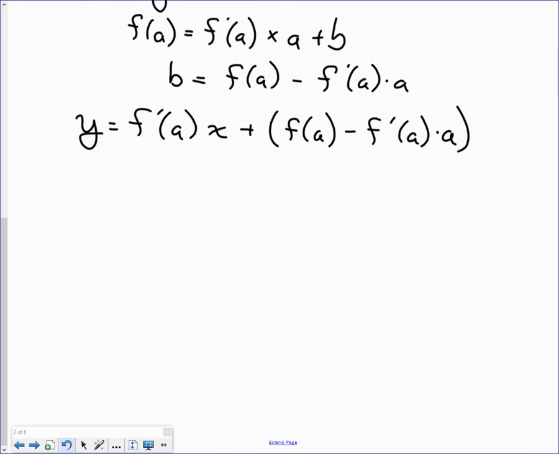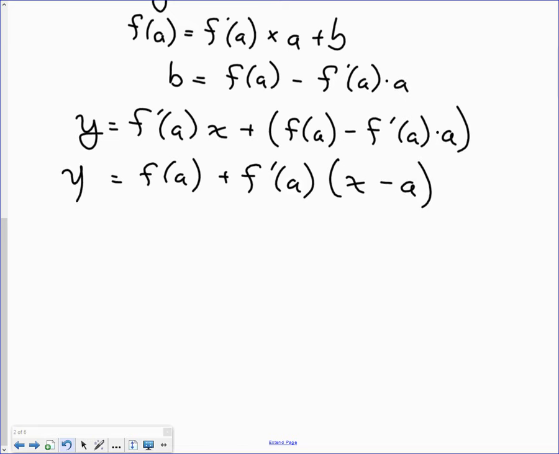We can rearrange this a little bit by grouping some terms together. So I'm going to pull out the f at a, and then I'm going to factor out the f prime at a, f prime at a times x minus a.